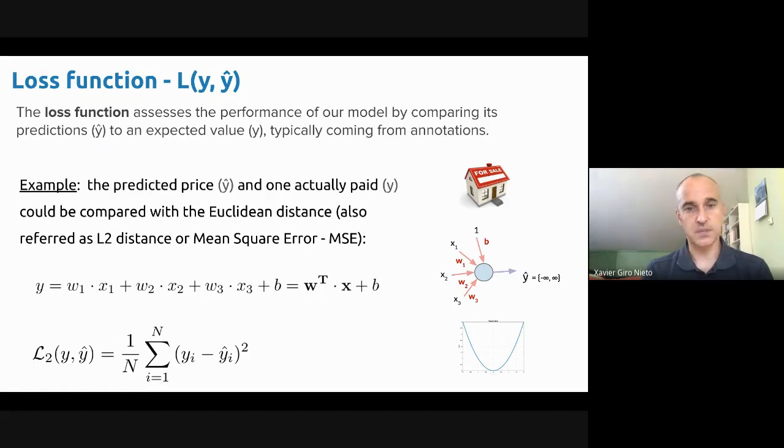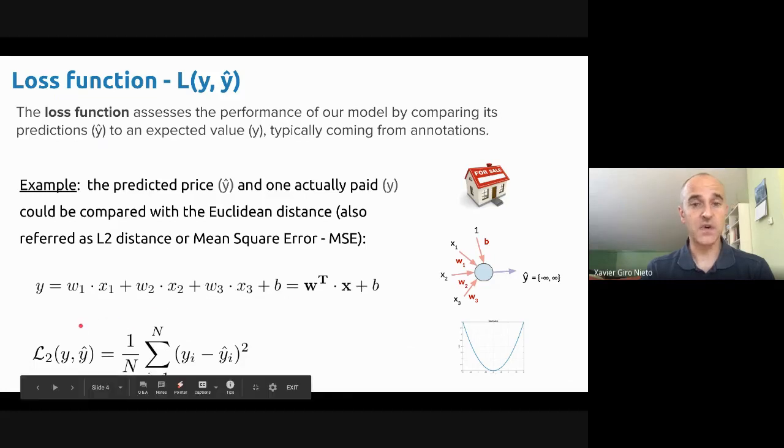These two values, the predicted one and the one actually paid, could be compared with the Euclidean distance, which you might have heard of as the L2 distance or the mean square error, or MSE. So if we have, for example, a linear regression, we'll be solving this equation, right?